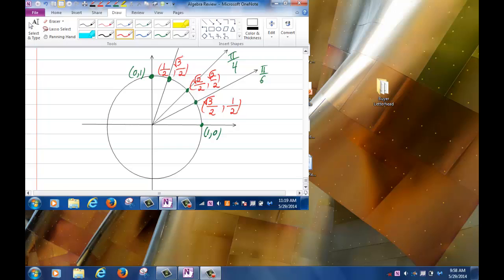So it's square root of 3 over 2, and the square root of 3 would be over 1.